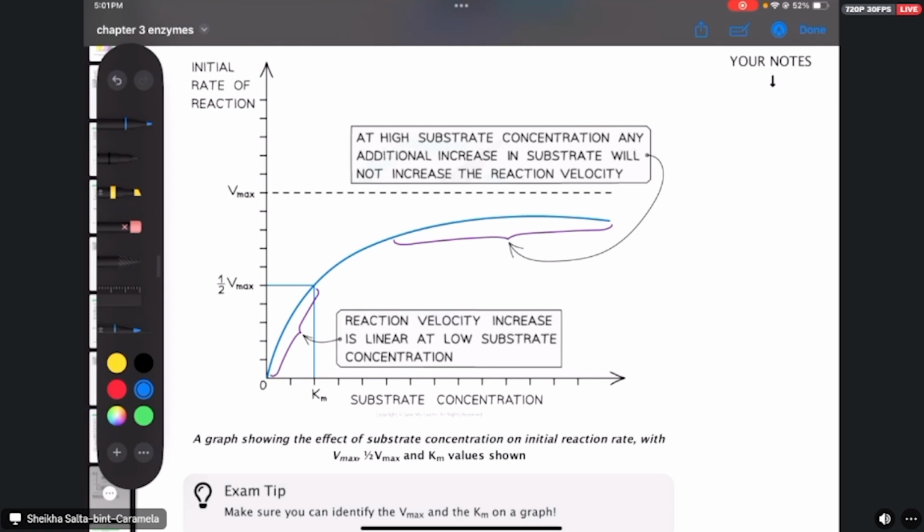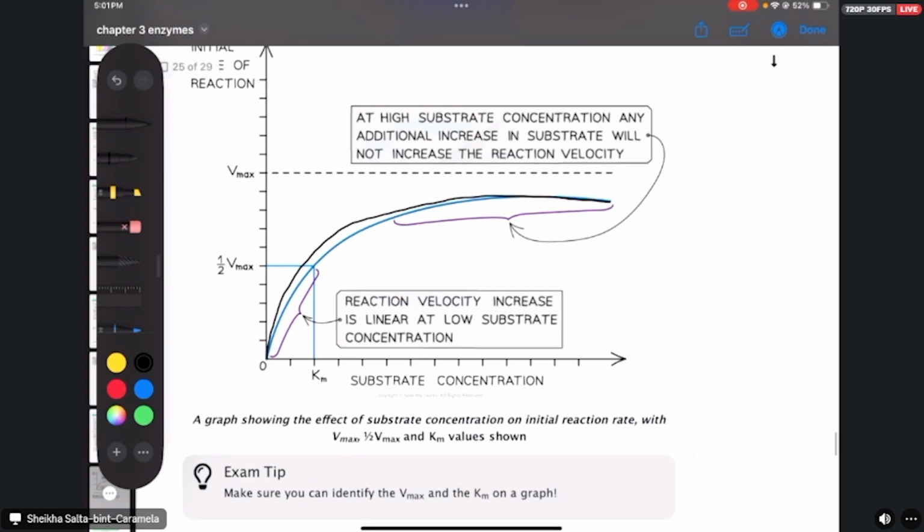I'm going to make another line, which would have a different Km, but both reach the same point. So for this, the Vmax is shown. And now at half Vmax, you can see that the Km is landing over here for the blue line, and for the black line, the Km would end here.